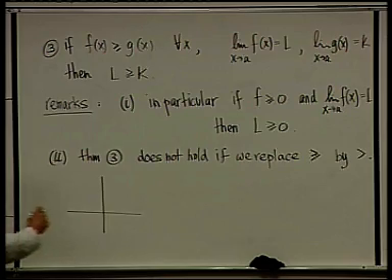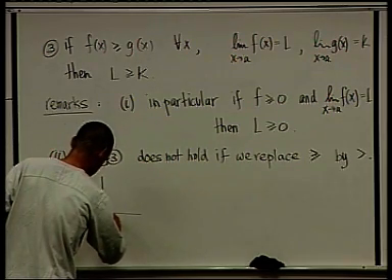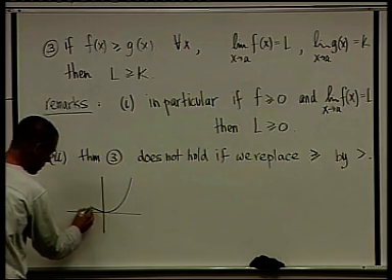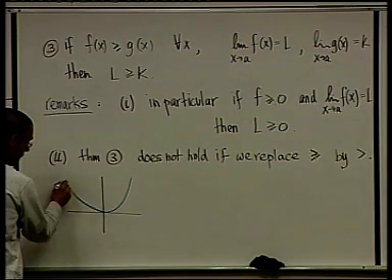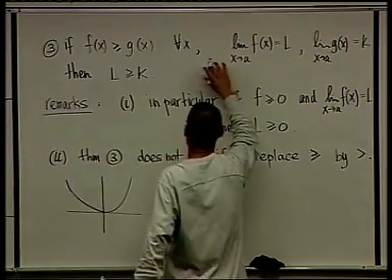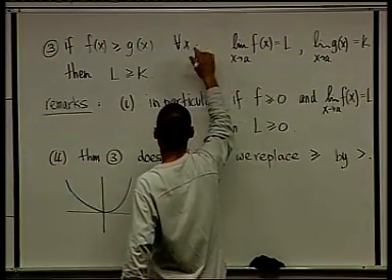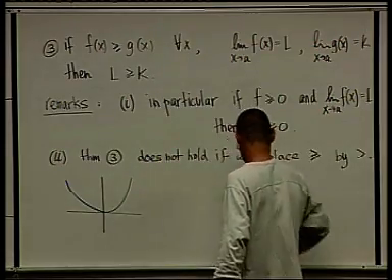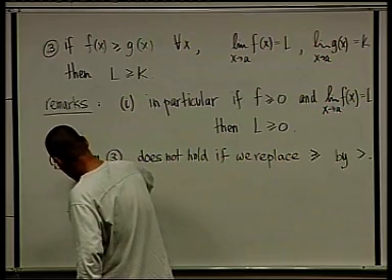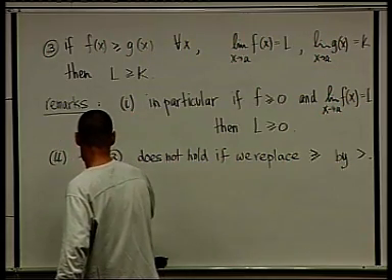Take the function, maybe, x squared. The truth is, I can modify this to make it correct even for x squared itself. Maybe I should do that. That would make things much more accurate.